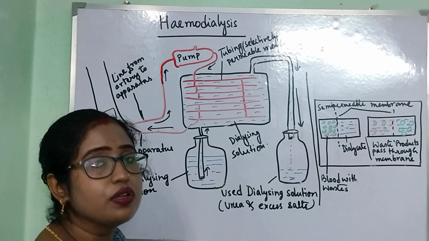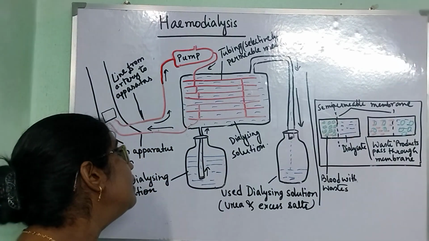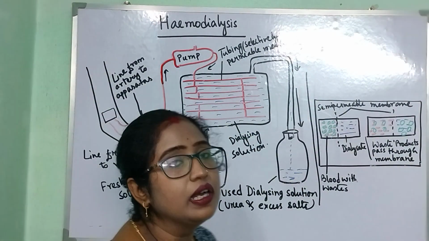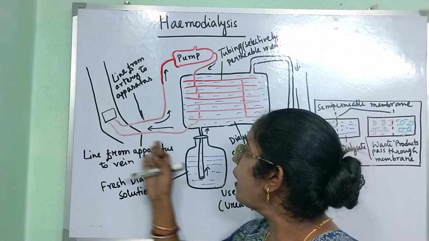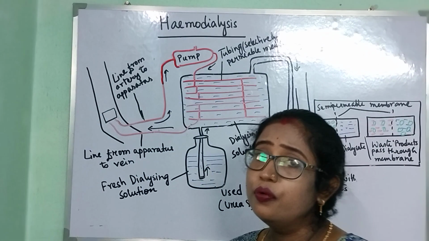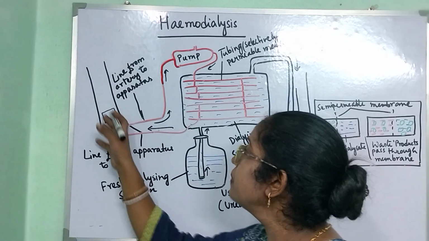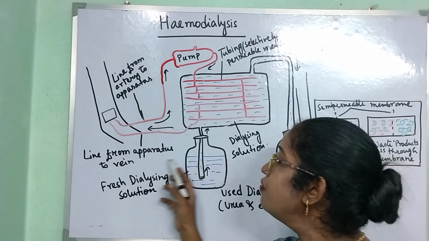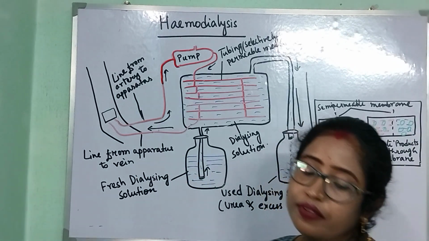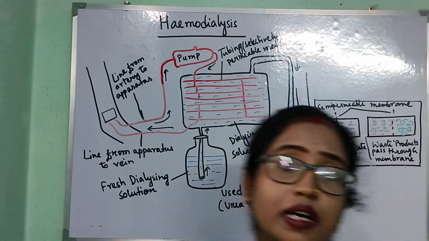After that process occurs, the purified blood is sent back to the patient's body via the line from the apparatus to the vein.